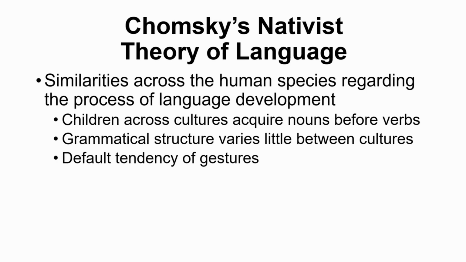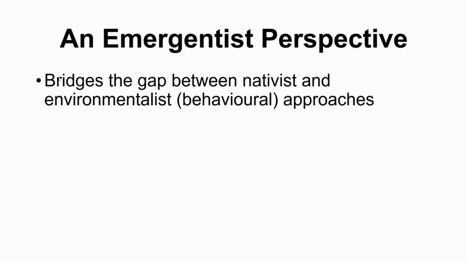So that's kind of a nice bridge to get us starting to think about what we'll talk about with our emergentist perspectives and some of the related concepts in this area, where we start bridging that gap between saying that it's all nativist, all inborn mechanisms, or environmentalist/behavioralist, saying that it is all external learned things from our environment. We'll settle somewhere in the middle with the next few topics, which we'll discuss in the next video.